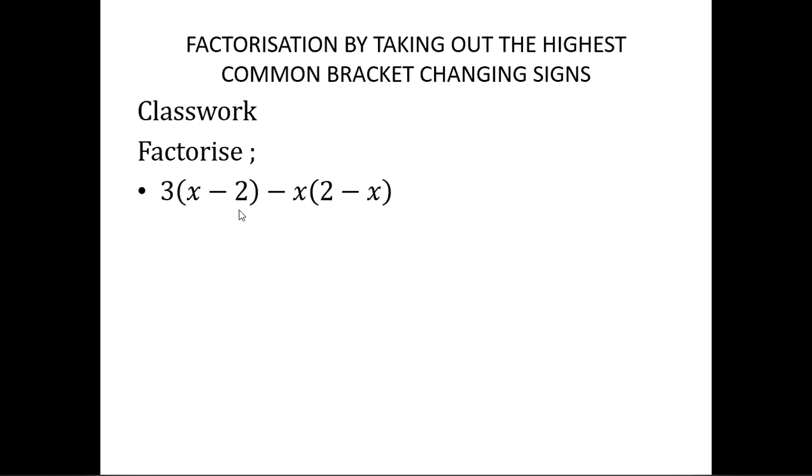I've got x minus 2 there, and I've got 2 minus x there. So definitely I have to change this one here by taking out negative as a common factor. The fact that I've got plus outside, when I take out that negative as a common factor, this plus will change and become negative.